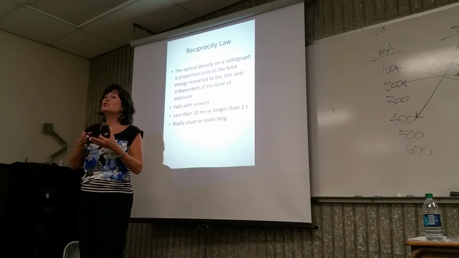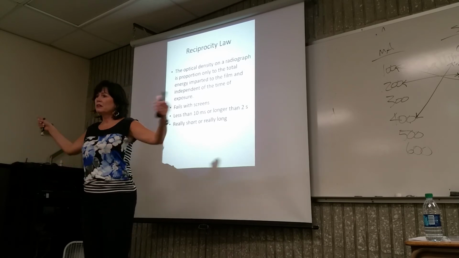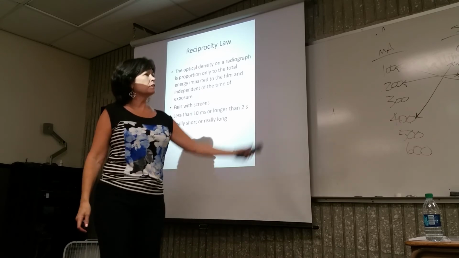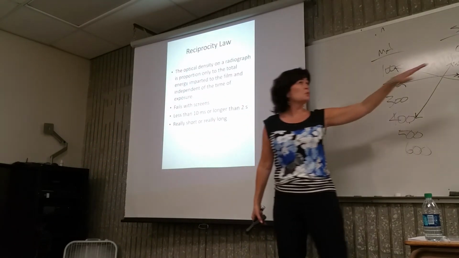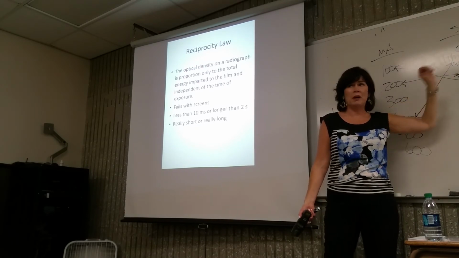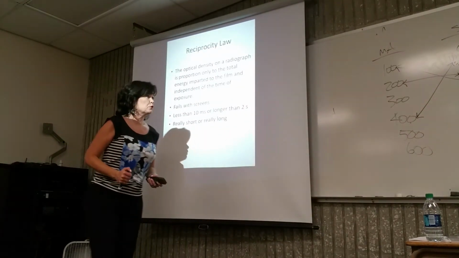So your numbers may not be exactly the same when you're going to the extremes, okay? Some of your machines will go to 1/1000th of a second, which is about the shortest time that I know of. 1 millisecond. That's a very, very short exposure time.